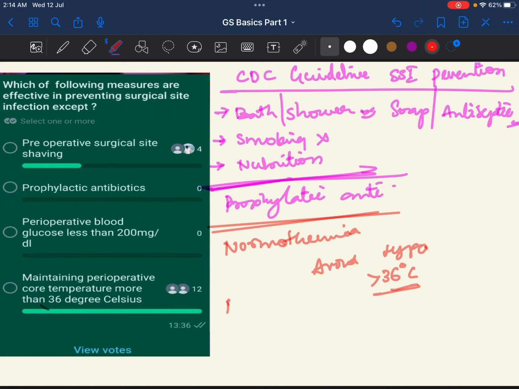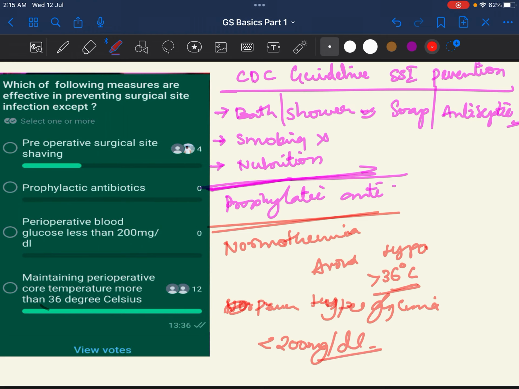Next important thing is to prevent hyperglycemia. Glucose level should always be below 200 mg per deciliter. One more important thing that will help you is postoperative oxygen support, so there should be increased FiO2.